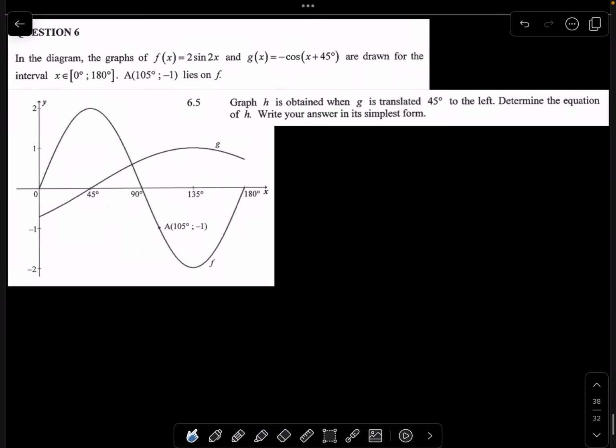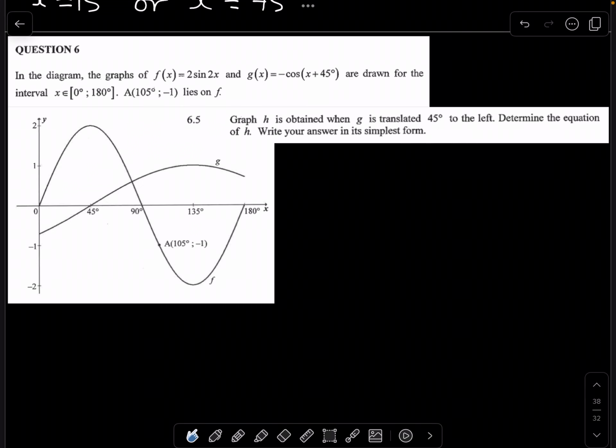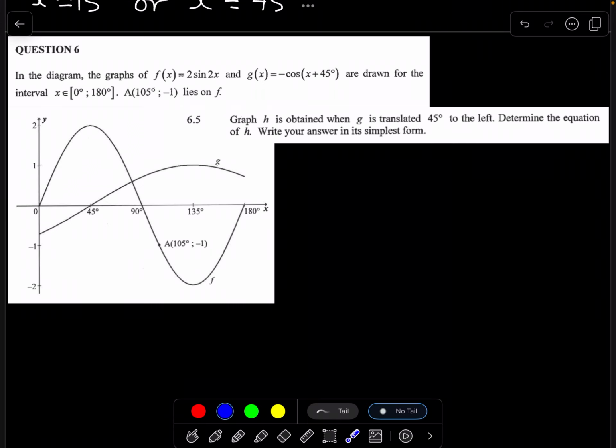Right, last question. Graph H is obtained when G is translated 45 degrees to the left, so even more to the left. So it's going to be relative to the original cos graph. It's now been translated 90 degrees. Right, determine the equation of H. Write your answer in its simplest form.